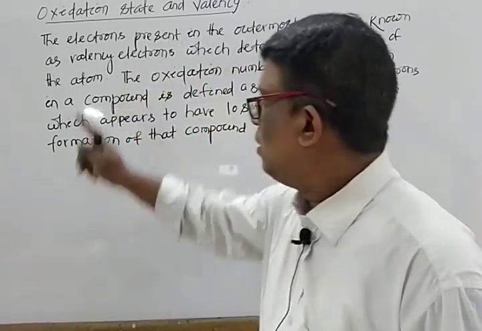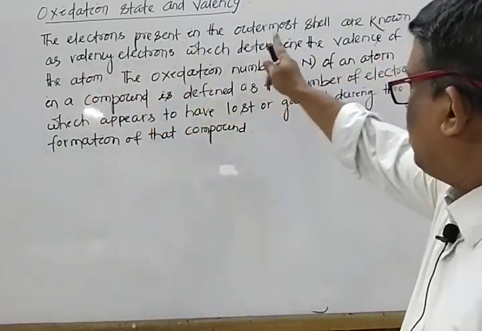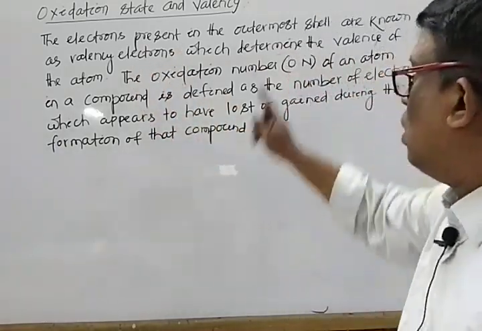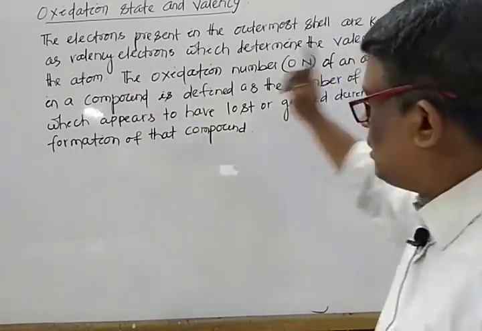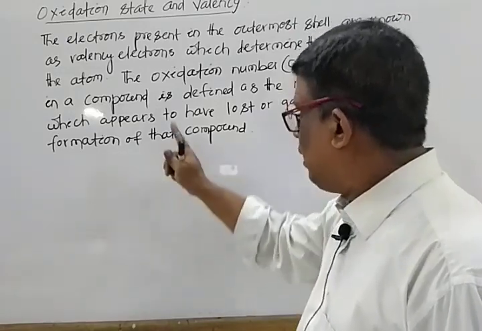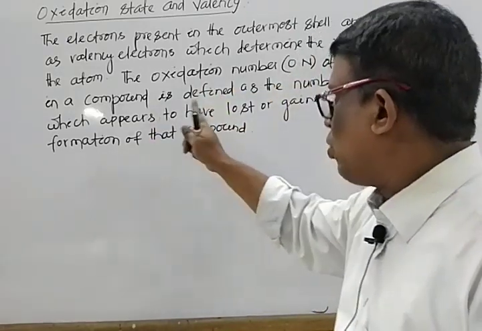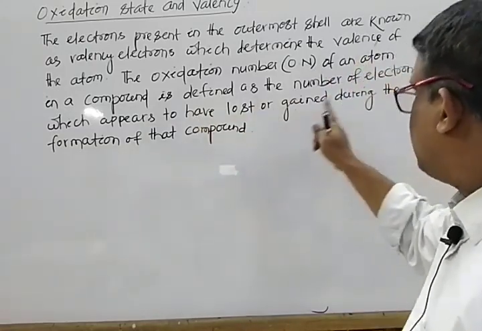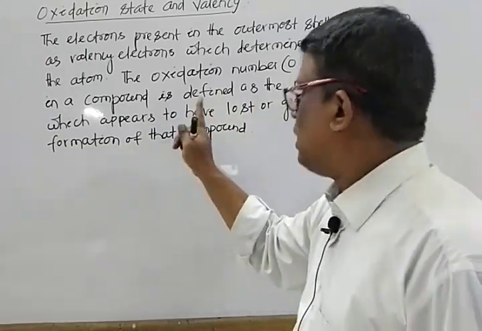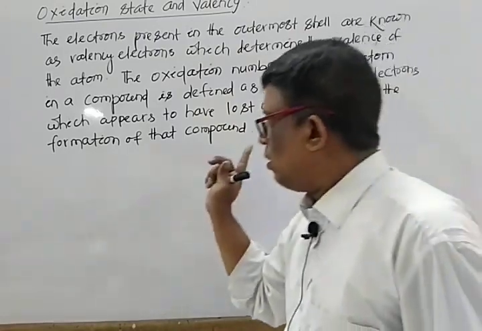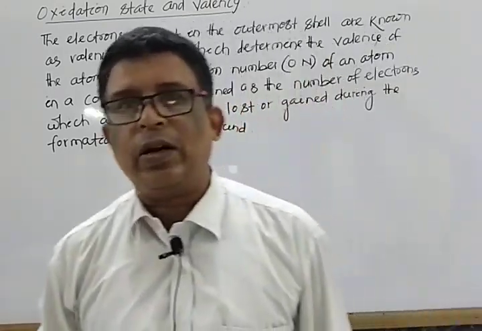Mark the definition. The electrons present in the outermost shell are known as valence electrons, which decide the valency of the atom. And the oxidation number, O.N., of an atom in a compound is defined as the number of electrons which it appears to have lost or gained during the formation of that compound.